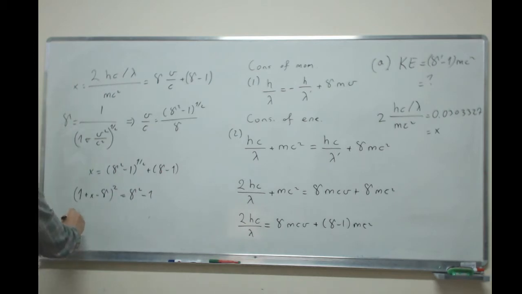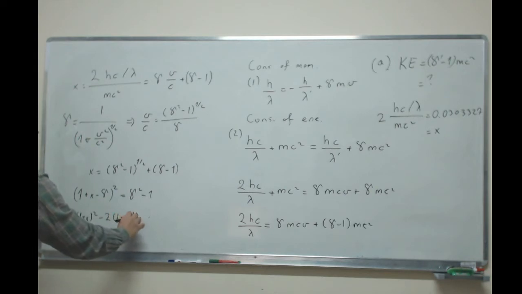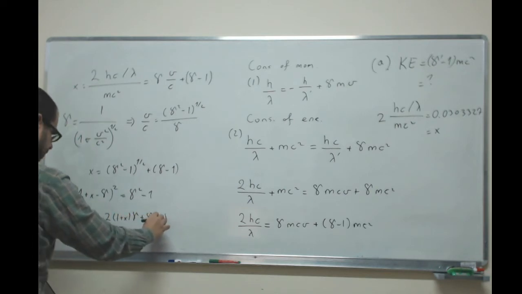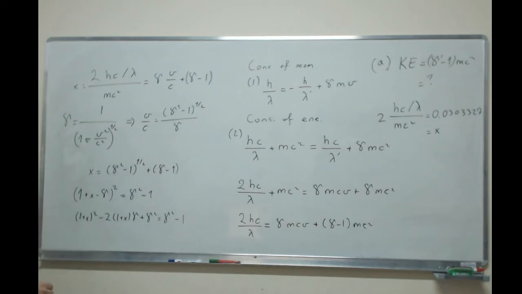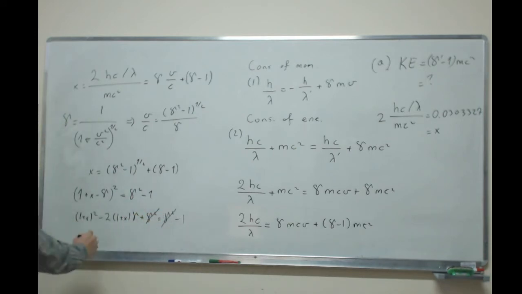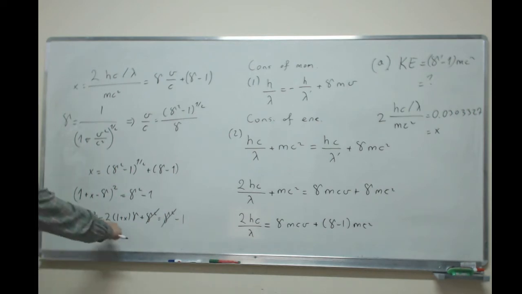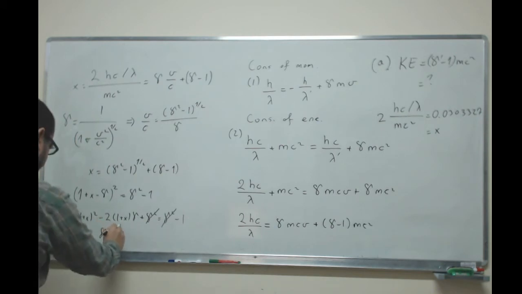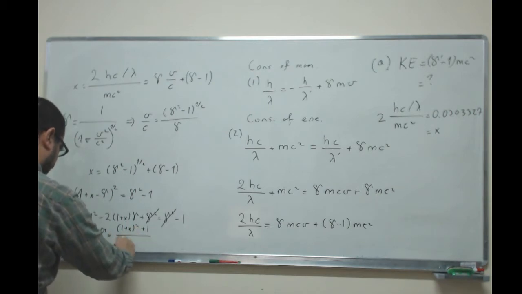If I take the squares on both sides, this is (1 plus x) squared minus 2(1 plus x) gamma plus gamma square is gamma square minus 1. So gamma squares go away, and I get an expression for gamma. Gamma is going to be equal to (1 plus x) squared plus 1 over 2(1 plus x).